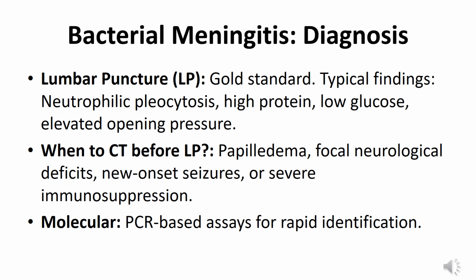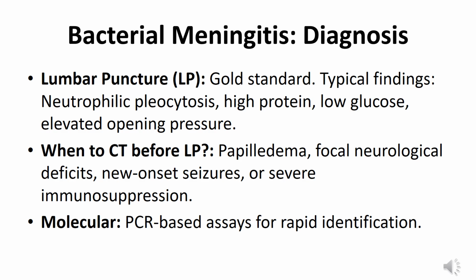Modern molecular techniques have further improved diagnosis. Polymerase chain reaction, or PCR-based assays, can rapidly identify bacterial pathogens directly from cerebrospinal fluid. These tests are especially valuable when antibiotics have already been started, reducing the likelihood of positive cultures.